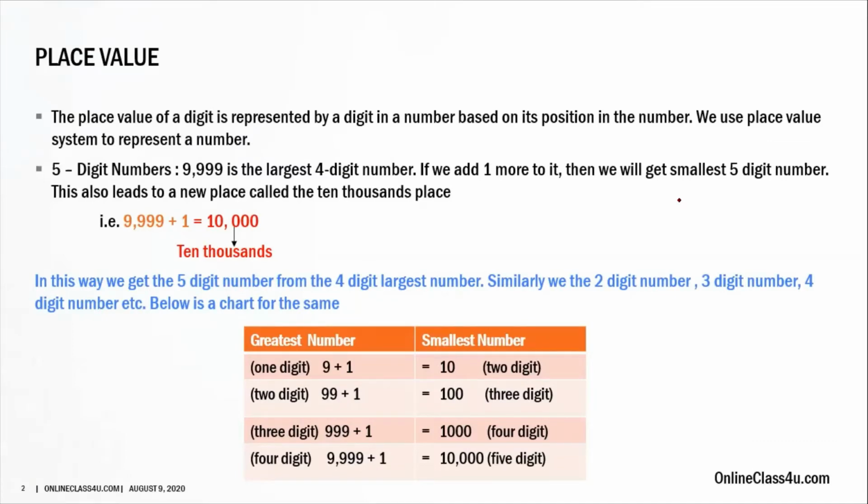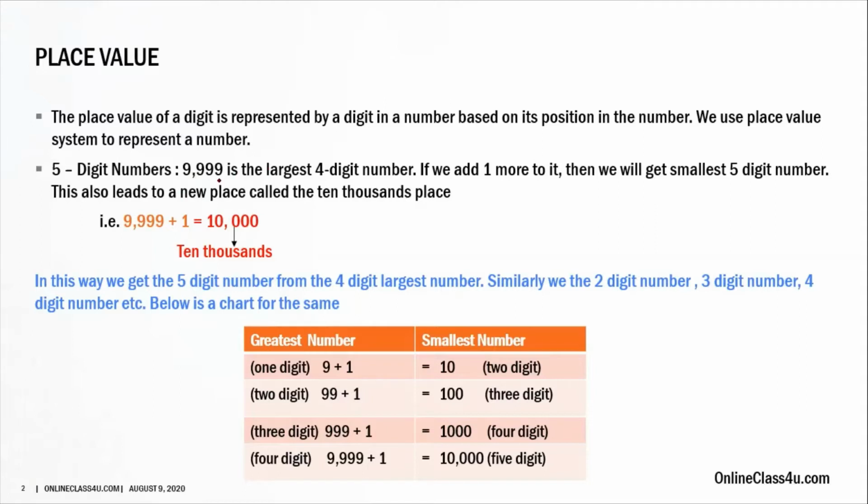So first we have to take a 4-digit number. Now, to find out the 5-digit number from a 4-digit number, first we have to take the largest 4-digit number, that is 9,999.